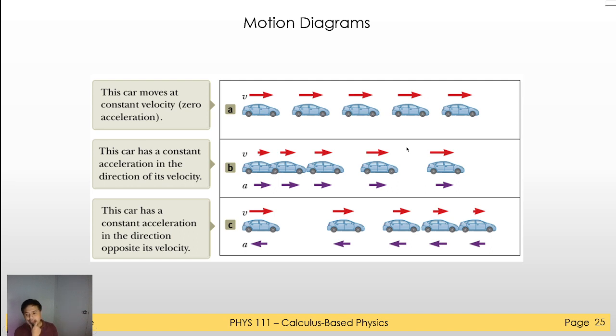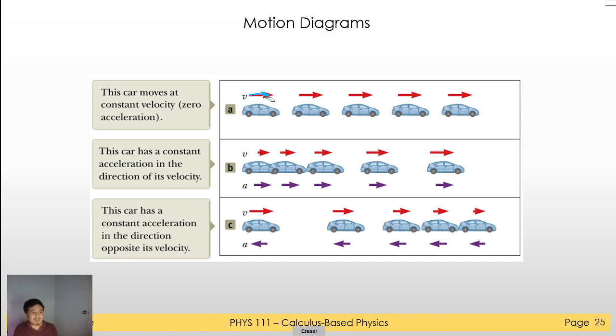So let's talk about the motion diagram. Motion diagrams are important ways to represent your motion in a pictorial way. For this first figure, letter A, this shows a constant velocity of a car. What does this mean?